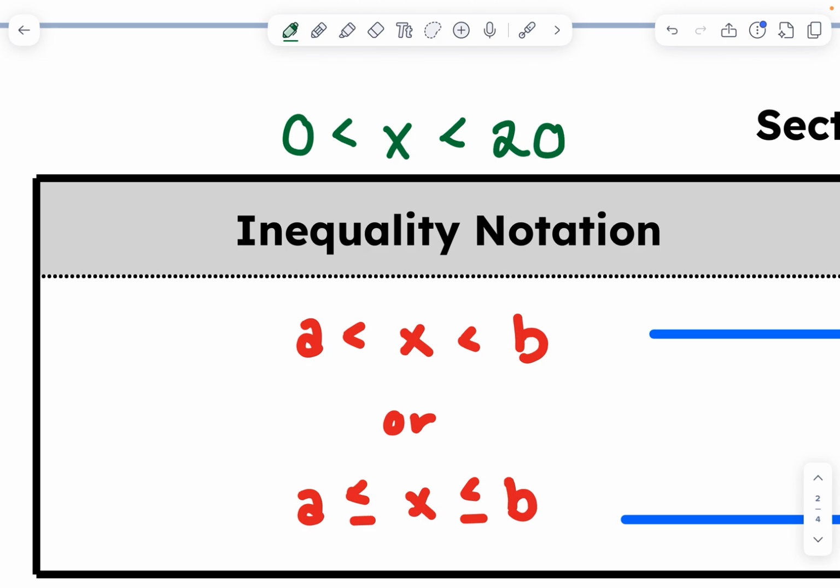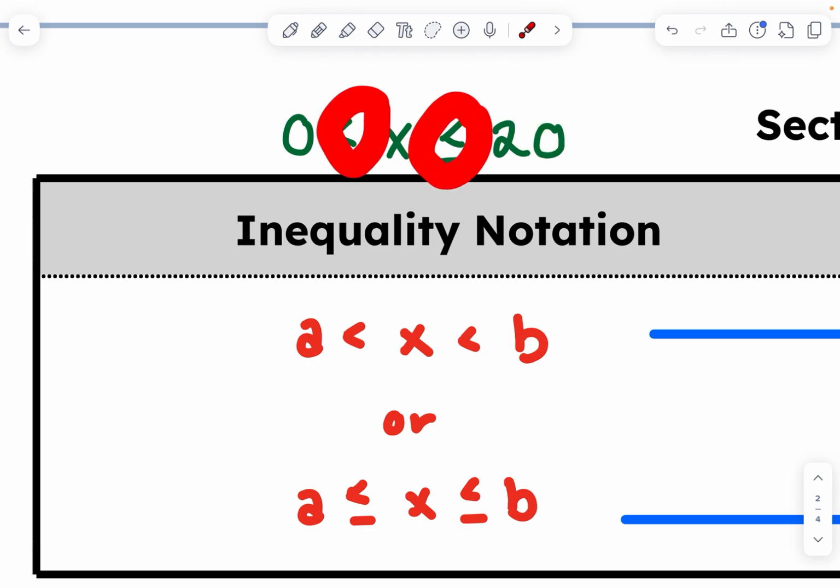However, if the app changed and said that it could take exactly or less than 20 minutes, meaning it is now possible for it to take 20 minutes, I could just add an equal sign to this expression, indicating that this mystery value still must be greater than 0, but could be less than or also equal to 20.